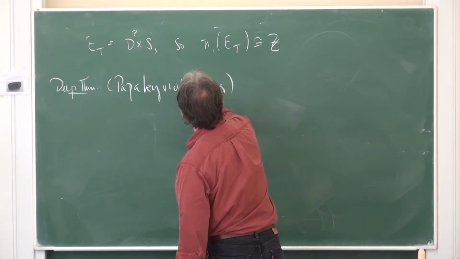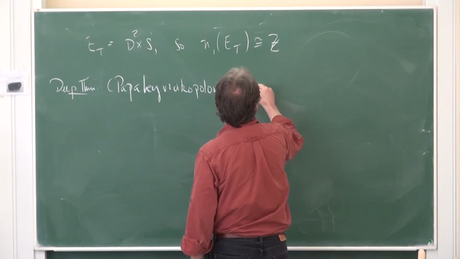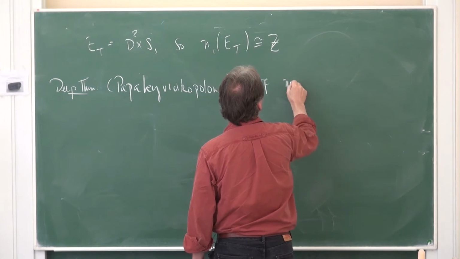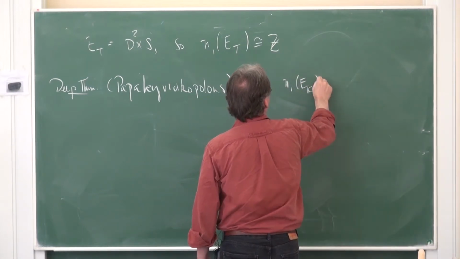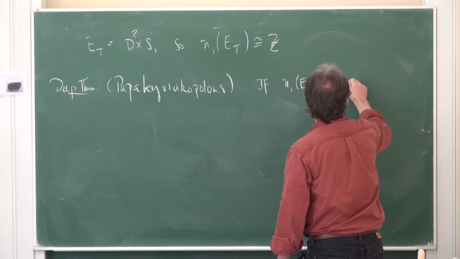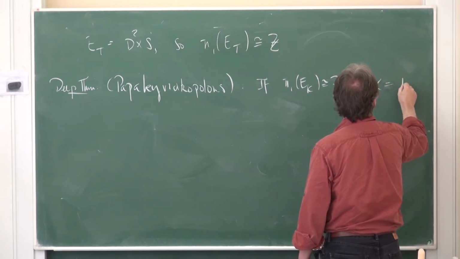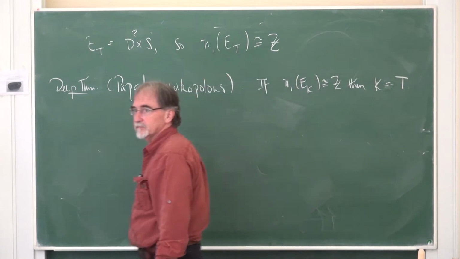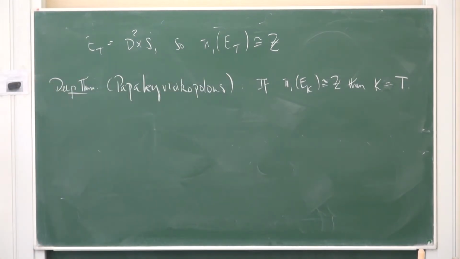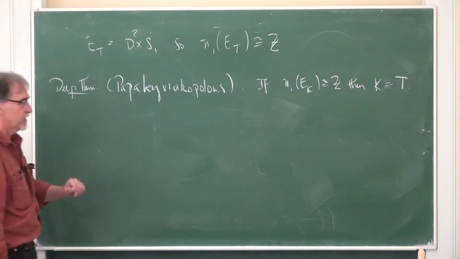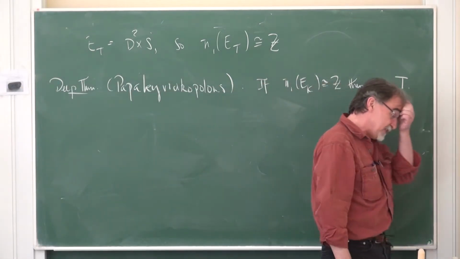The theorem is that if pi1 of the exterior of the knot is Z, then K is the trivial knot. It's if and only if. A knot is trivial if and only if pi1 of the exterior is Z. That's deep. It's very hard.